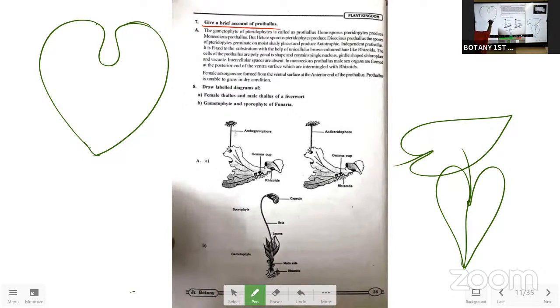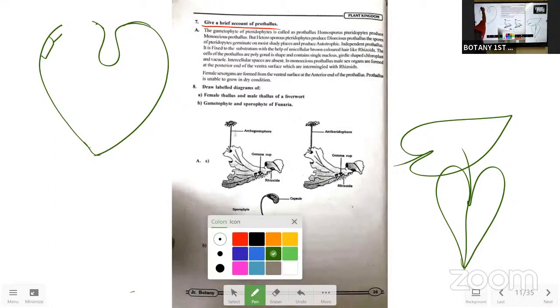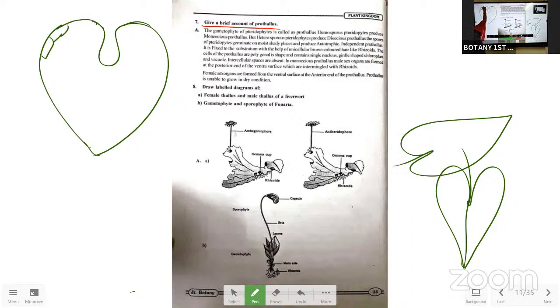Completely this is filled with chlorophyllous parenchymatous tissue, and it is covered externally with a simple parenchymatous epidermis.